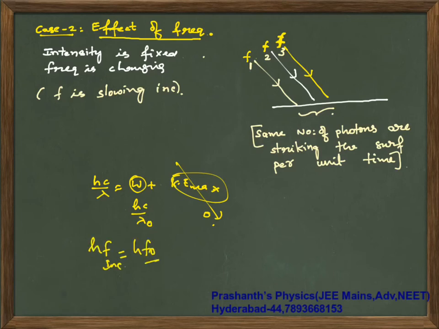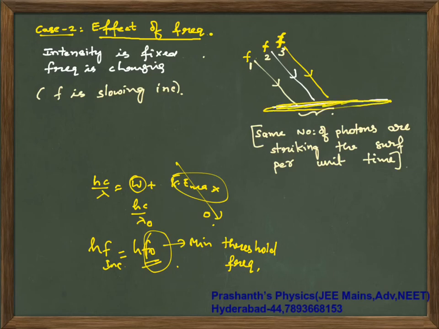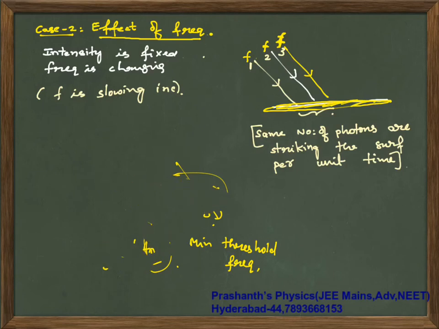So a minimum threshold frequency is required for emission of electrons from this metal surface. Even when the minimum is reached, if you slowly increase the frequency, electron emission will not start directly.